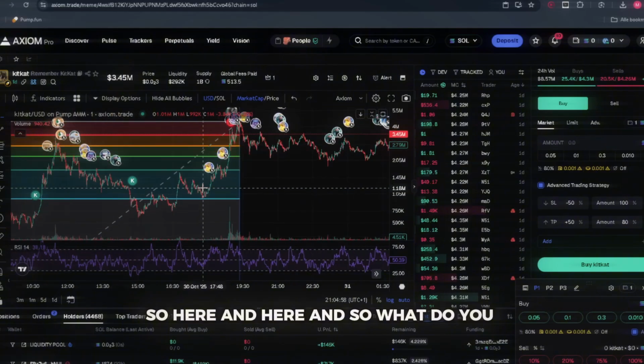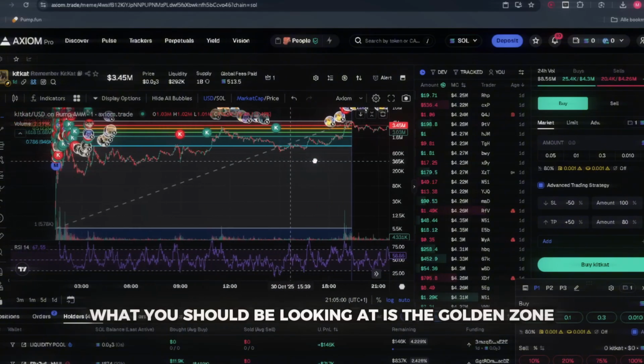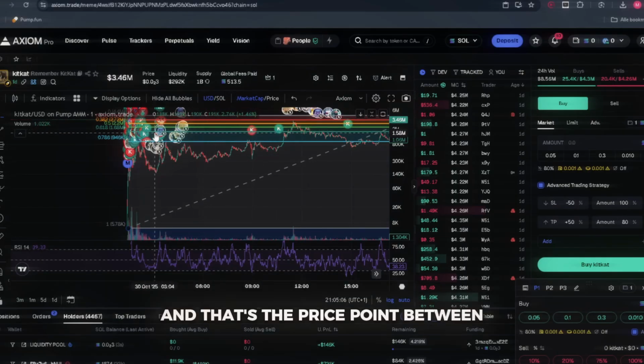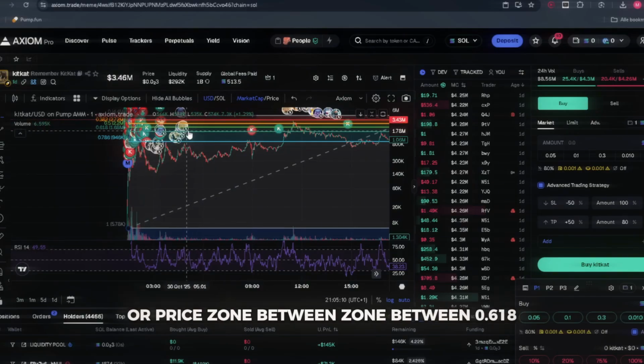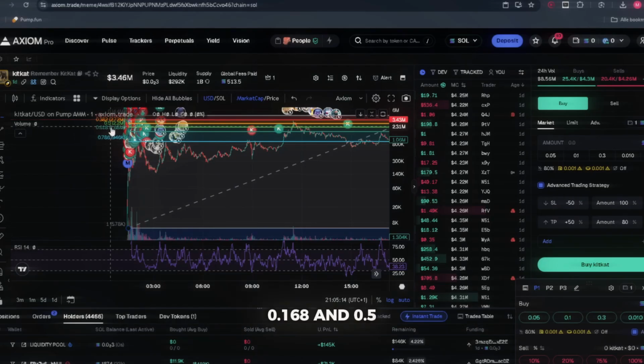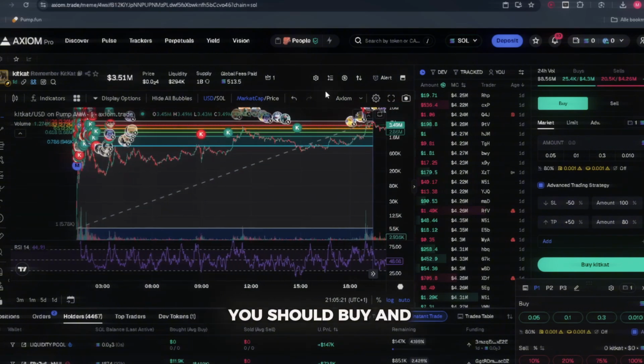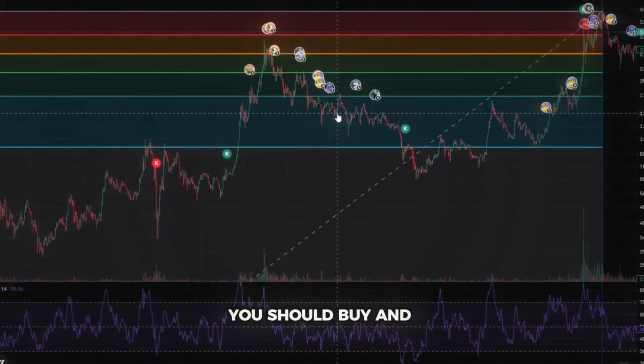What you should be looking at is the golden zone. There's something called the golden zone or the golden ratio, and that's the price zone between 0.618 and 0.5. This is the zone where you should buy.